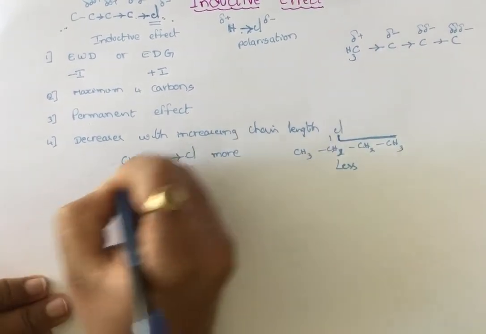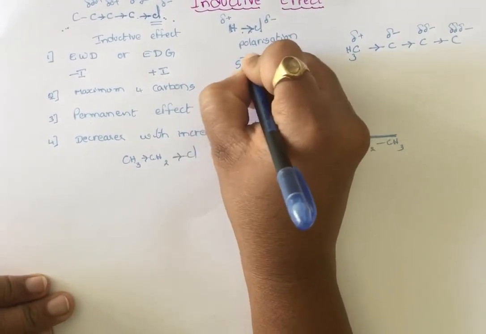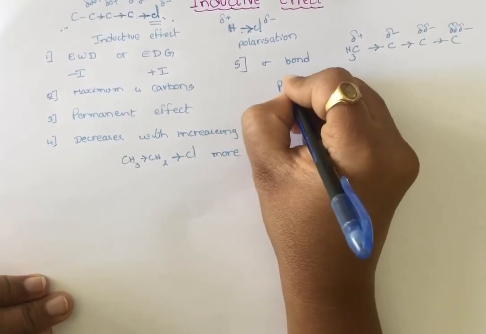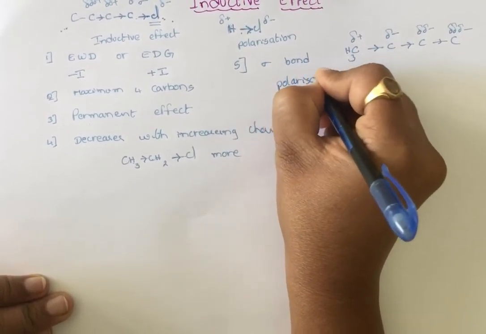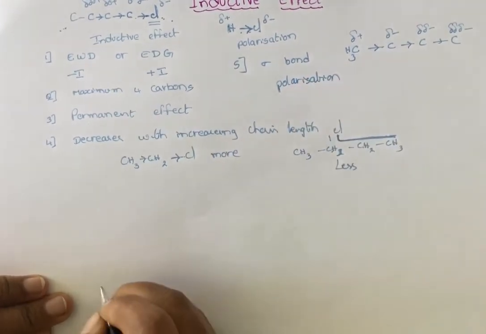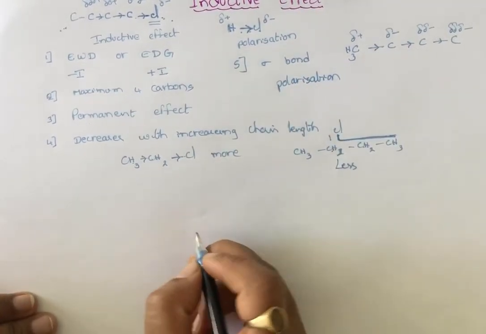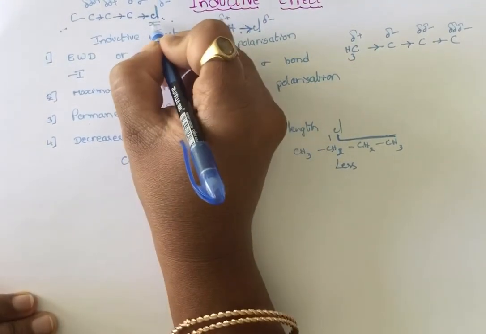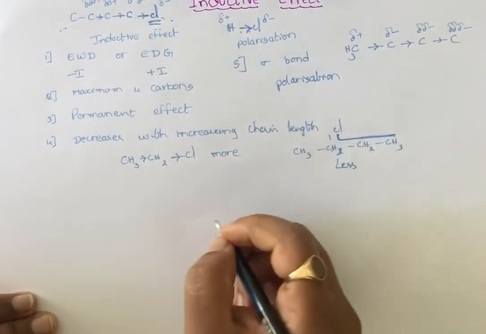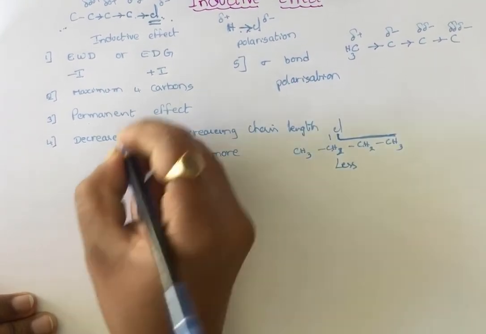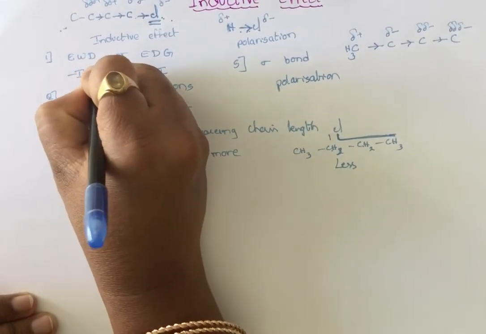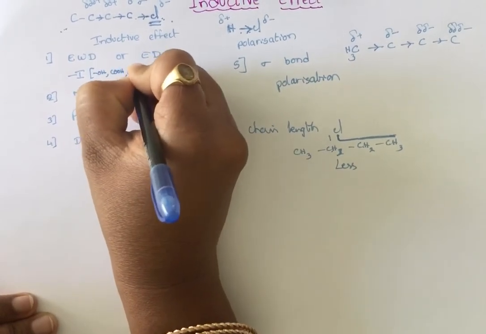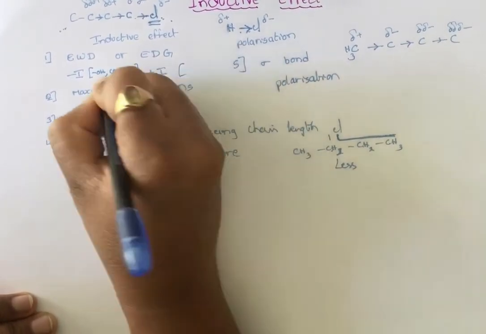Generally this effect we find in sigma bond polarization. Examples of electron withdrawing groups are halogens, carboxylic acid, phenol, and cyanide; all these are electron withdrawing groups.